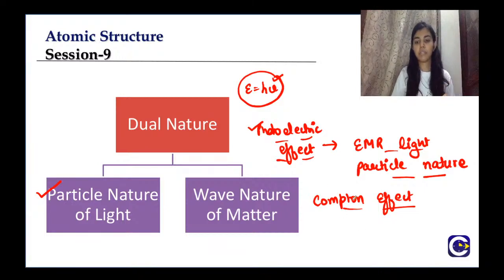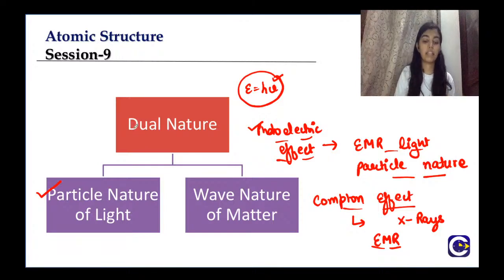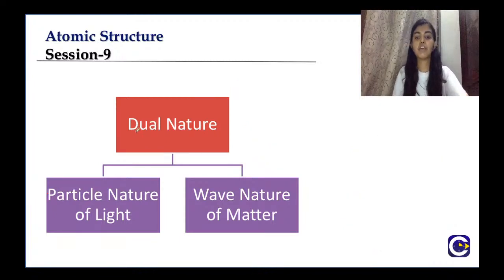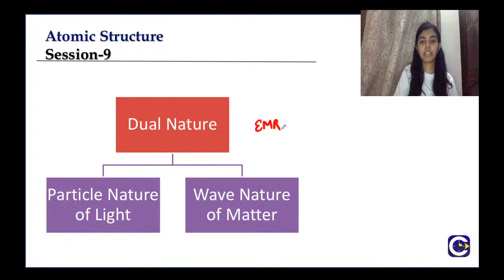In the Compton effect, the scientists found that X-rays, which we were discussing in the previous sessions, also an electromagnetic radiation, were found to have a particle nature. That means electromagnetic radiations can be present in waveform as well as in particle form. Now the question arises: if electromagnetic radiation, previously known as a wave, has a particle nature, then why can't particles have a wave nature?